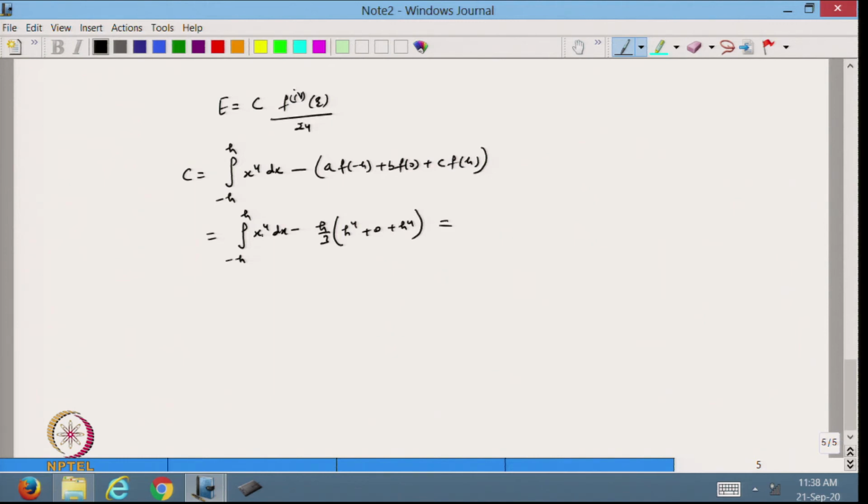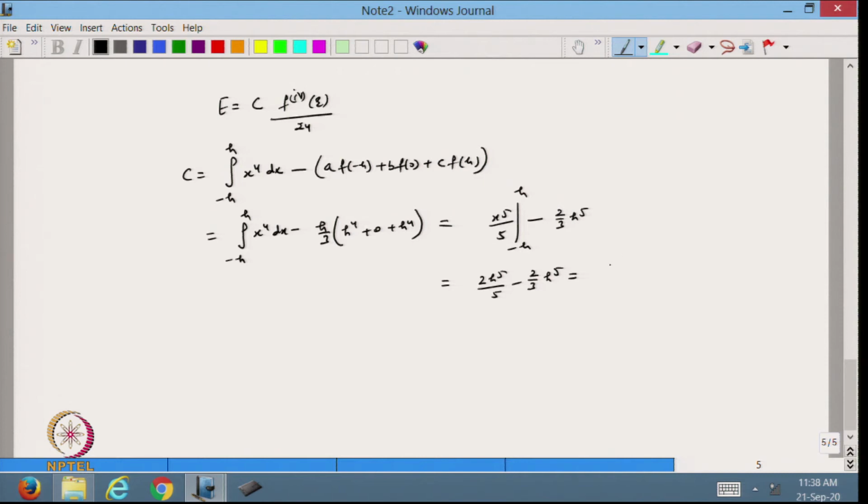So, from here this will be x5 by 5 from minus h to h, minus 2 by 3 h raised to power 5. This will be equal to 2 h5 by 5, because h raised to power 5 plus h raised to power 5 is 2 times h raised to power 5, minus 2 by 3 h raised to power 5.